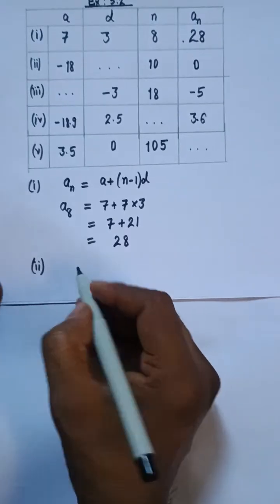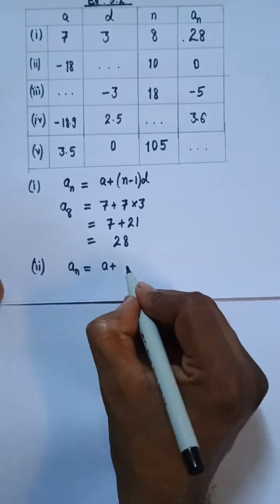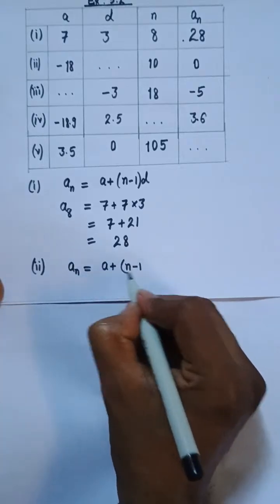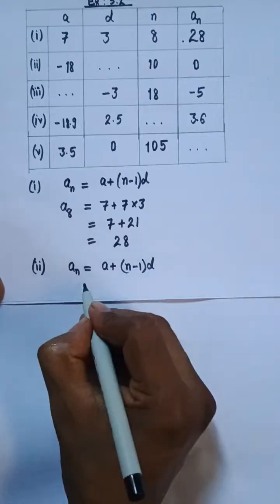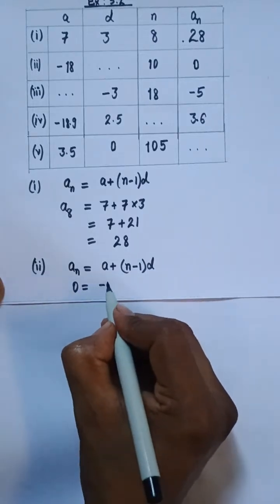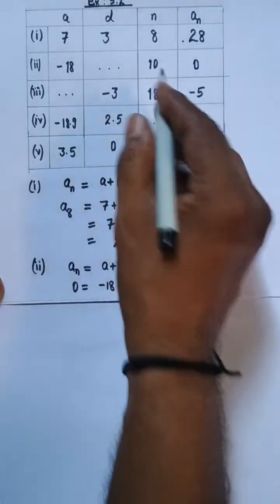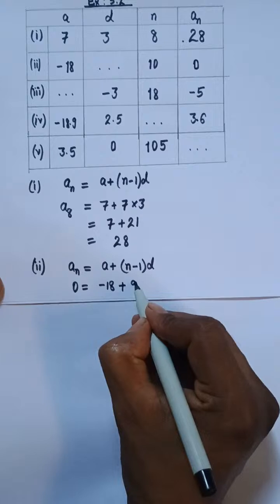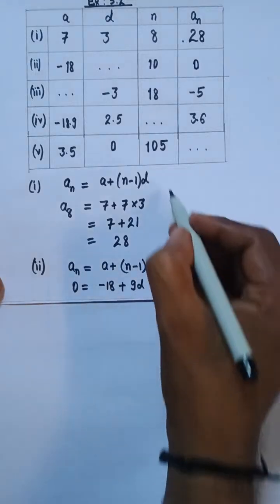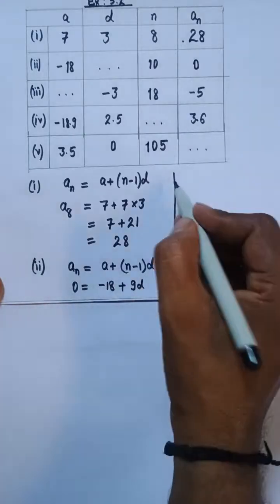We have the formula an is equal to a plus n minus 1 into d. an is here 0. Initial term is negative 18. nth term is 10. So 10 minus 1 is 9, times d. So we can solve this one here.